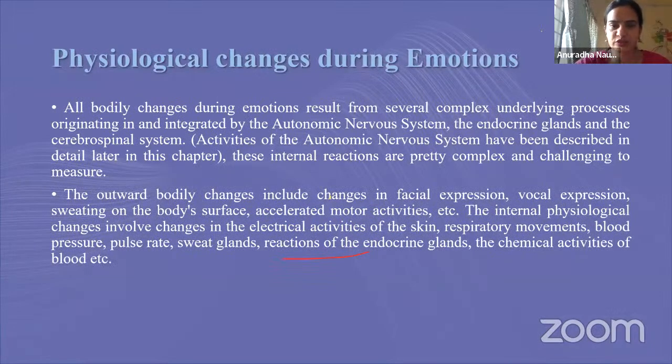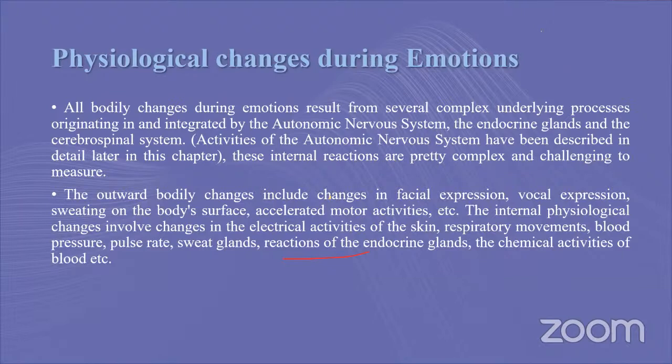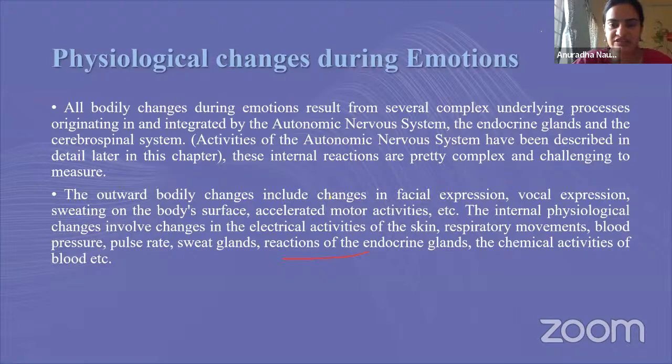All bodily changes during emotions result from several complex underlying processes originating and integrated by the autonomic nervous system, the endocrine glands, and the cerebrospinal system. These internal reactions are pretty complex and challenging to measure. The outward bodily changes include changes in facial expression, vocal expression, sweating on the body surface, accelerated motor activities.